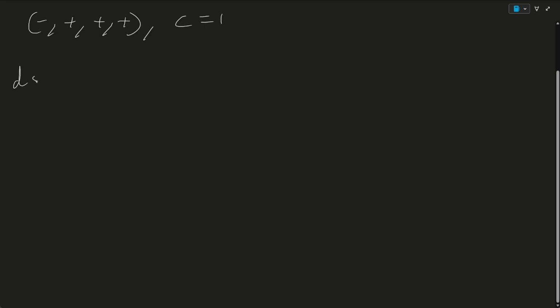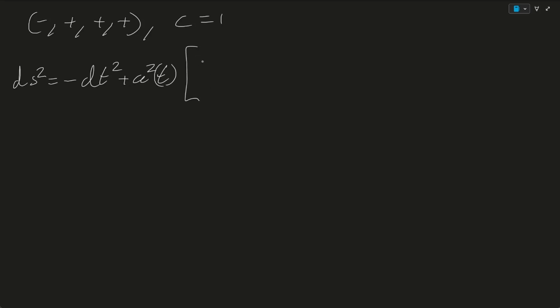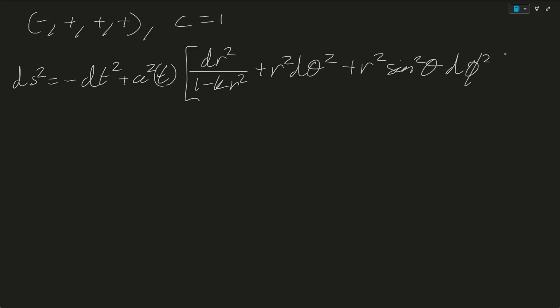Anyway, we have that ds squared is equal to minus dt squared plus a squared of t, remembering that a is a function of t, being the scale factor, and then inside our brackets, dr squared over 1 minus k r squared plus r squared d theta squared plus r squared sine squared theta d phi squared. And that is our FLRW metric.